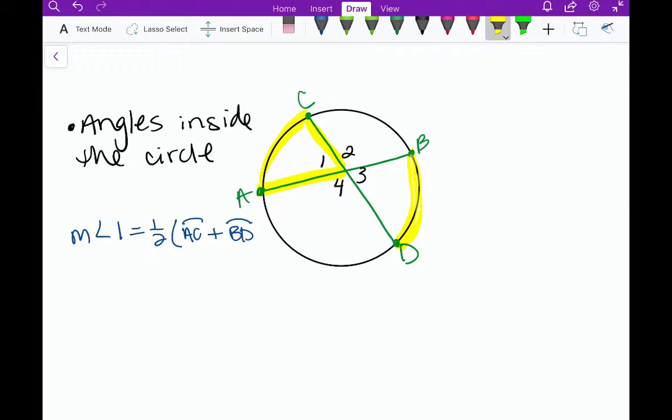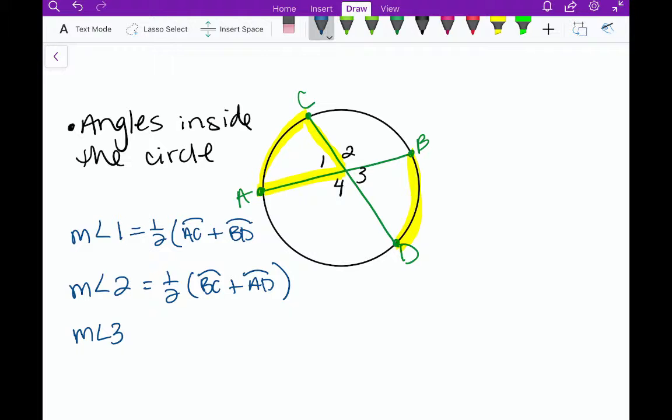If you notice, it's half the sum of the arcs formed by the angle, which is angle 1, but also its vertical angle, which is angle 3. The measure of angle 2 is going to be equal to 1/2 the measure of arc BC plus the measure of arc AD. I'm going to do one more.